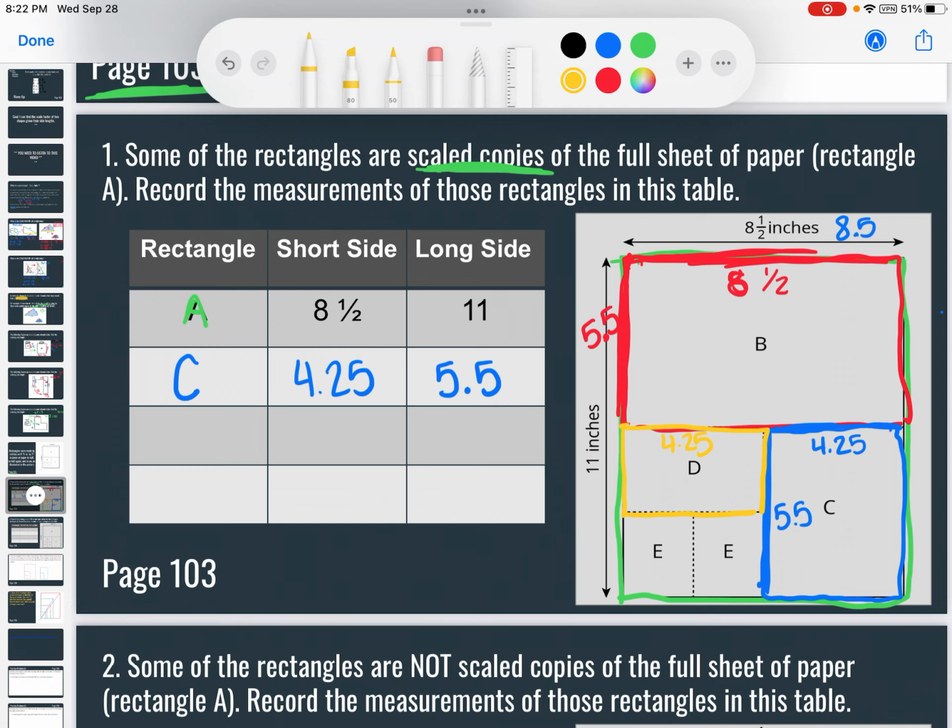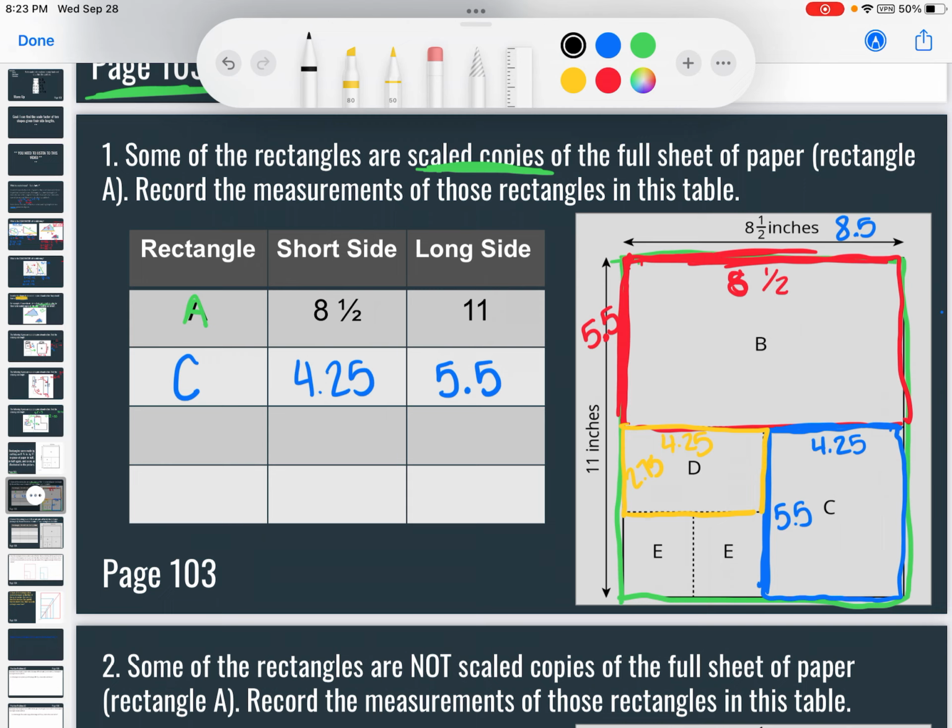I have half of what C had for the long side, so I need to take 5.5 divided by 2 to figure out that that is 2.75. And that is not a scaled copy because I did not do the same thing. The long side is only a fourth, and my short side is cut in half. So I did not do the same thing to both sides of my original. So they're not scaled copies.